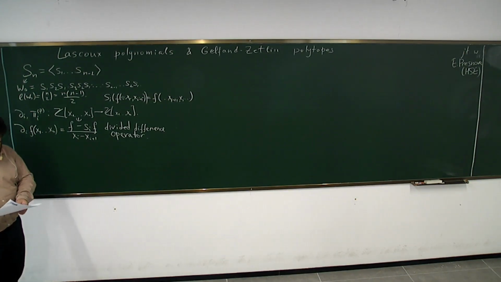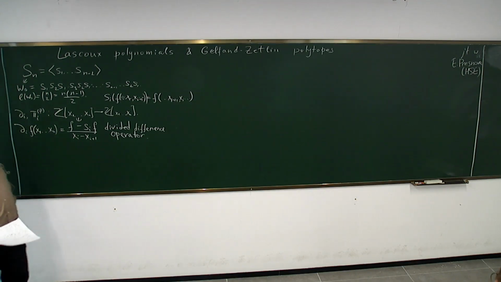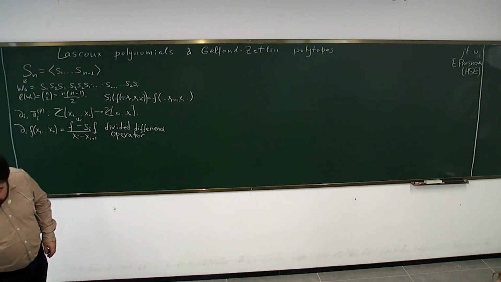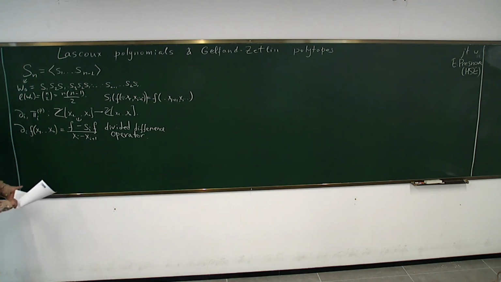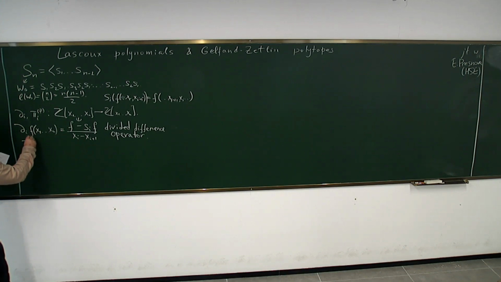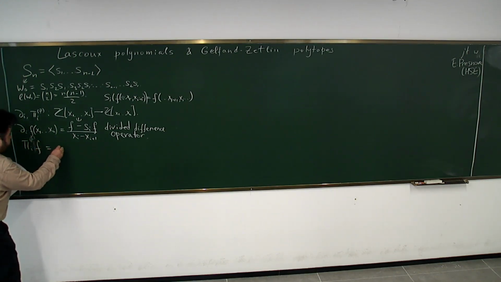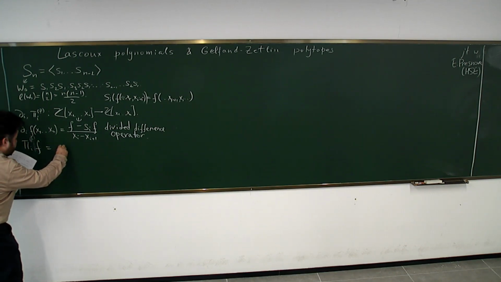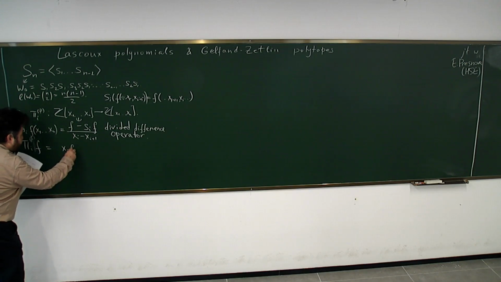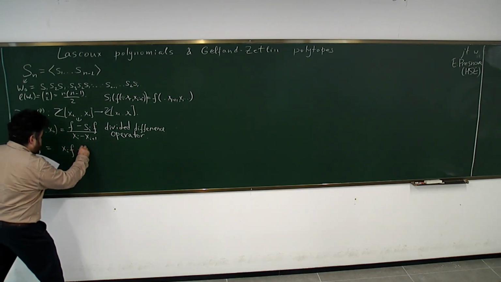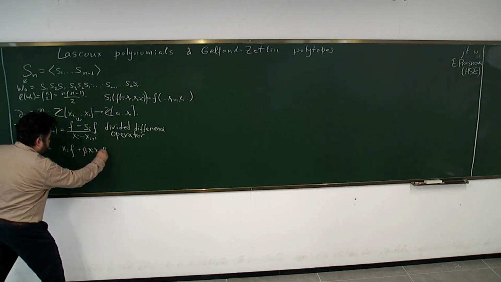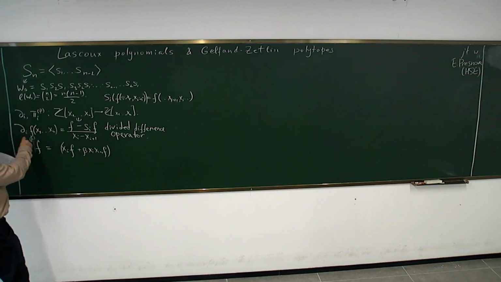What I want to do now is introduce some cousins of these operators. These will be called phi i with some parameter beta. Beta is just a formal variable. Phi i beta of f is the following: you take xi times f plus beta times xi plus 1 times f, and you apply the divided difference operator to this.